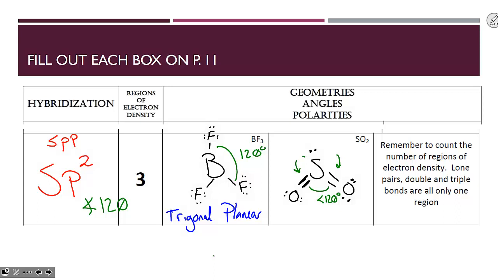You just need to know that the bond angle of sulfur dioxide is less than 120, so something around the range of like 118, 119. Again, it's not a massive drop, and you are not responsible for knowing the exact amount that it drops, but you are responsible for knowing that lone pairs reduce the bond angle.